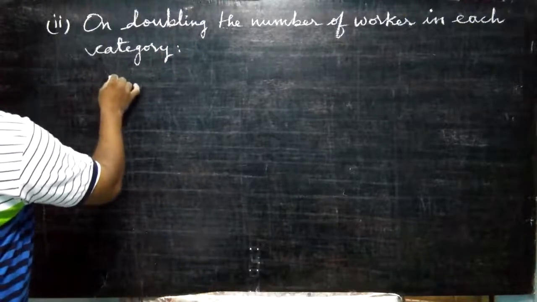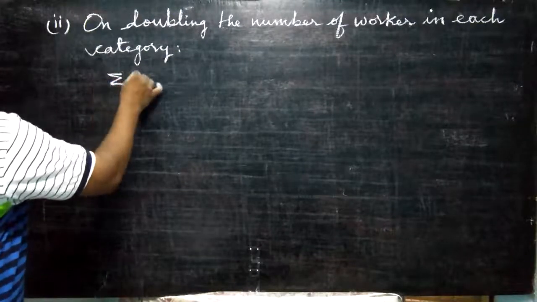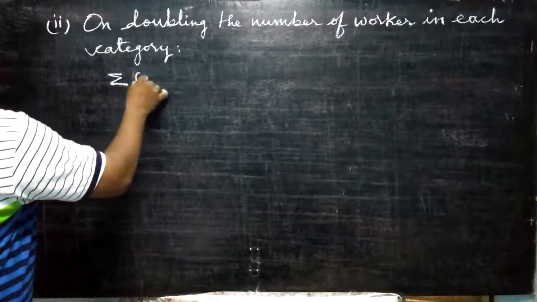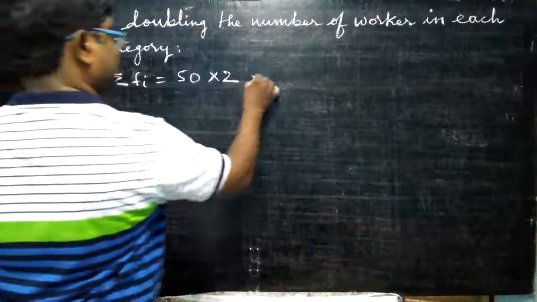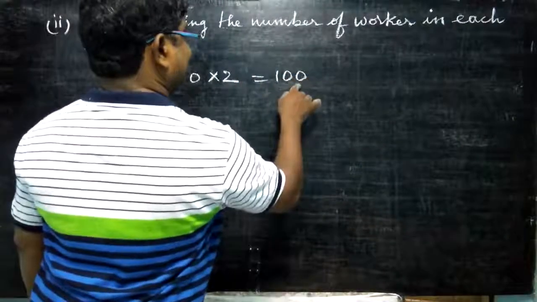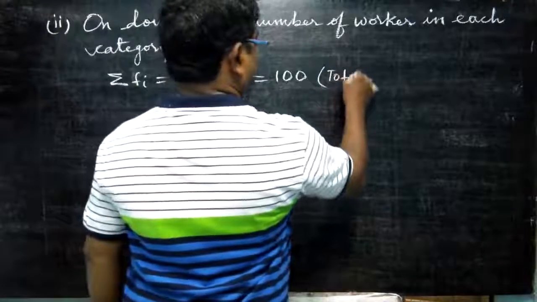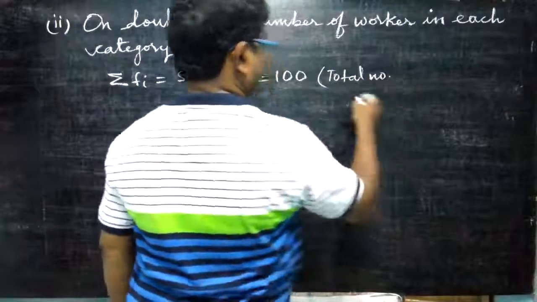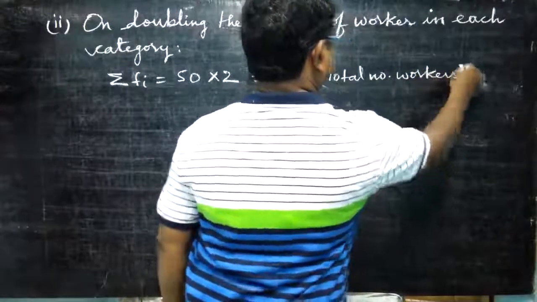Now on doubling each worker count, how many workers are there? Sigma Fi 50 are there, into 2, how much does it become? 100. So the total number of workers after doubling is 100.